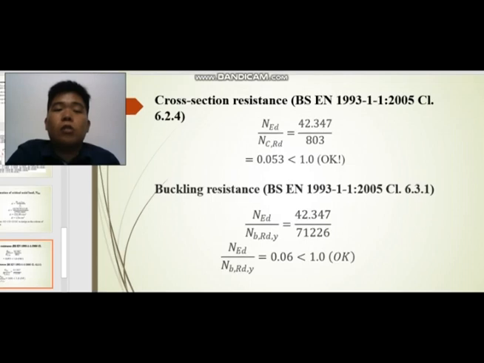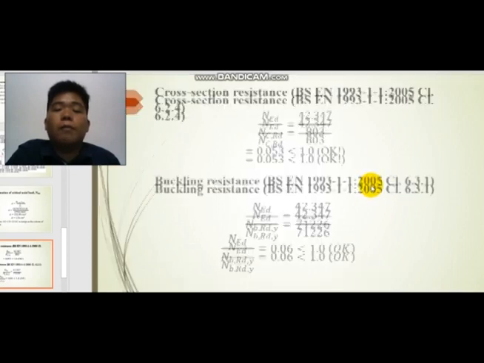For the cross-section resistance, NEd over Nc,Rd is equal to 0.053, which is less than 1.0, so it is sufficient. For the buckling resistance in the y-axis, NEd over Mb,Rd,y is equal to 0.06, which is also less than 1.0, and it is sufficient for the column.